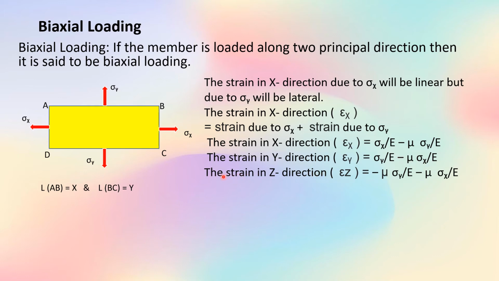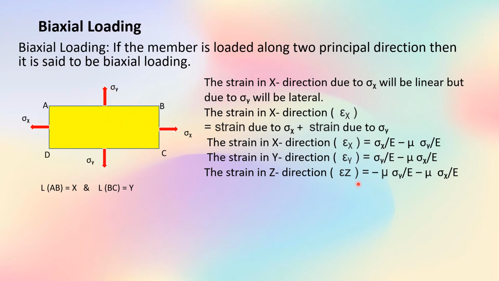Now the strain in the z direction, epsilon z: z is the direction perpendicular to this plane, which we cannot see. So for strain in z direction, sigma x and sigma y are both perpendicular, so both are lateral.